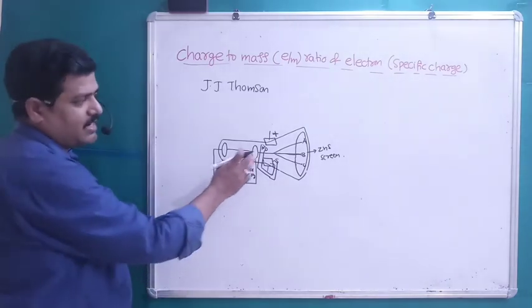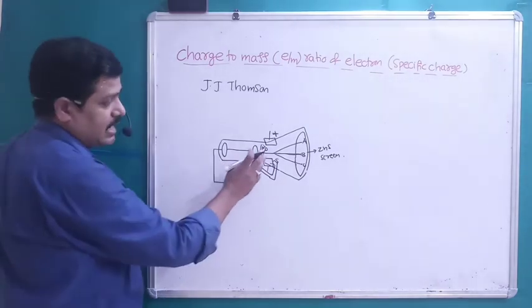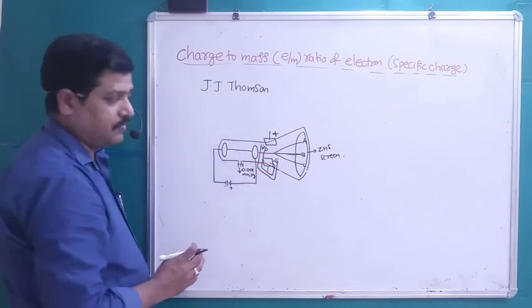By equating the field strengths, he has calculated the e by m value of electron.